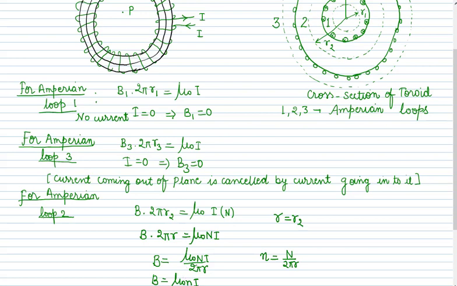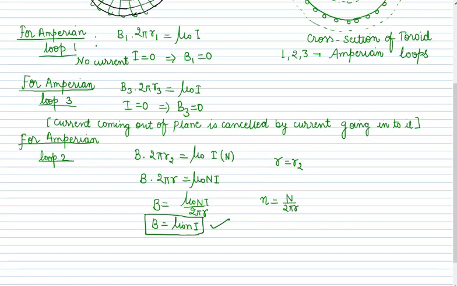So B is equal to mu naught n I, in the toroid itself.